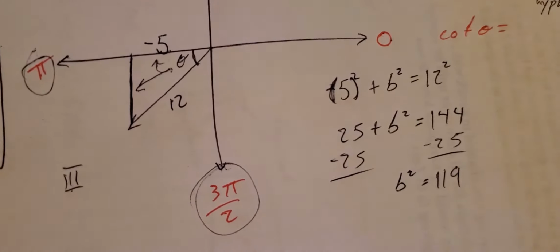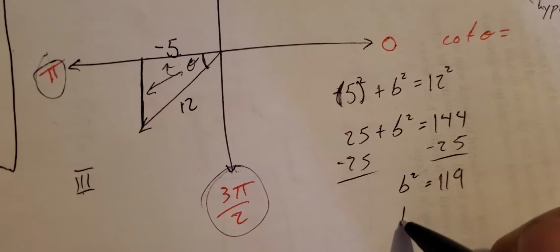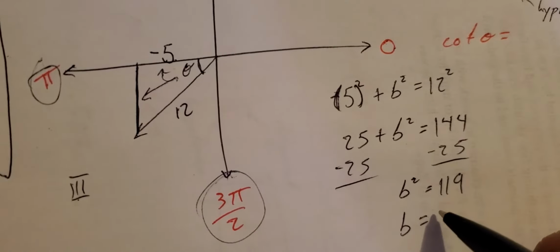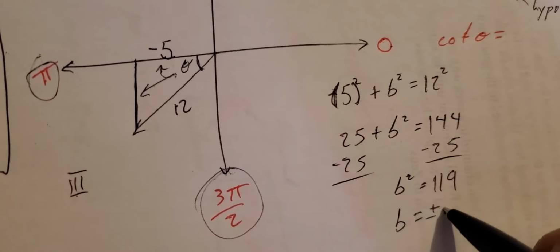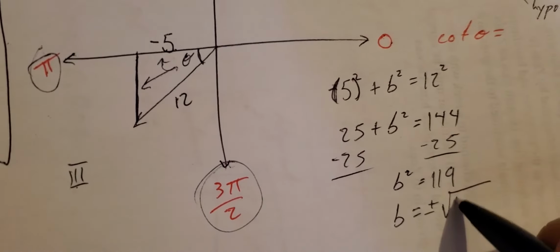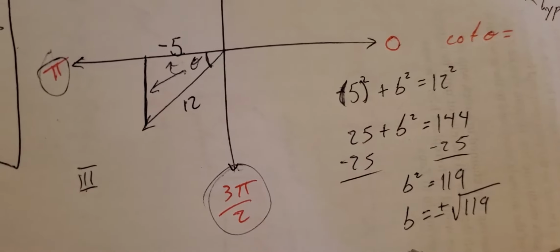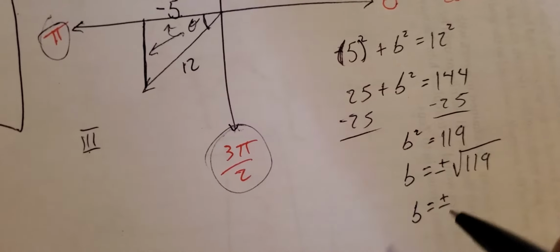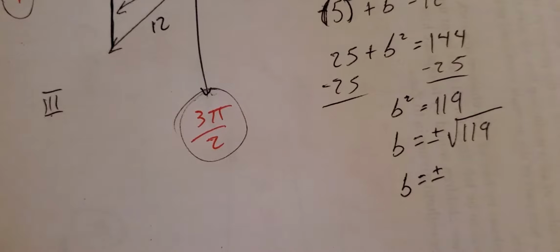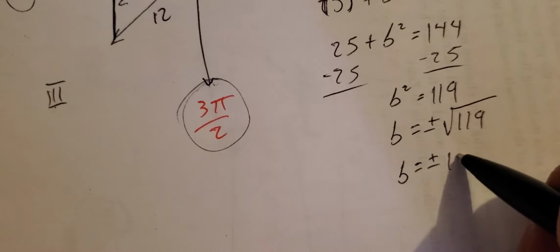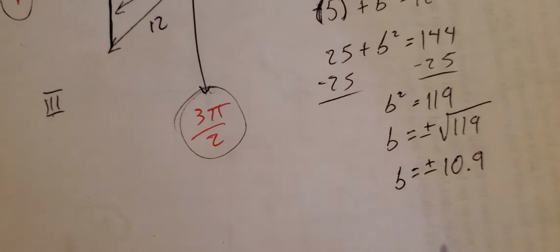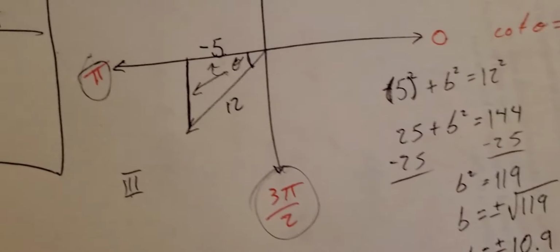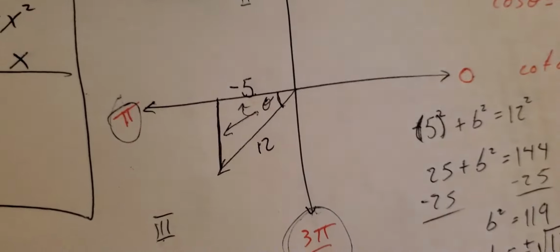Now we have to take the square root of both sides. We get that b is equal to plus or minus the square root of 119. That means b is equal to plus or minus 10.9.